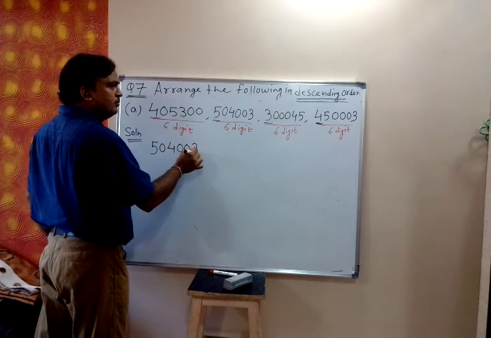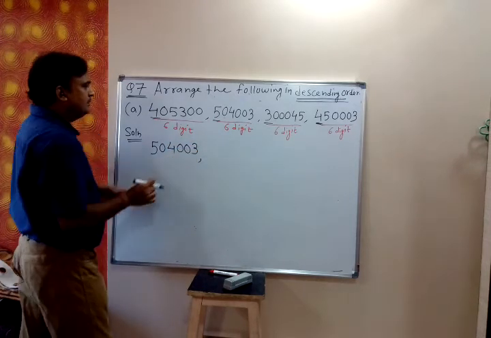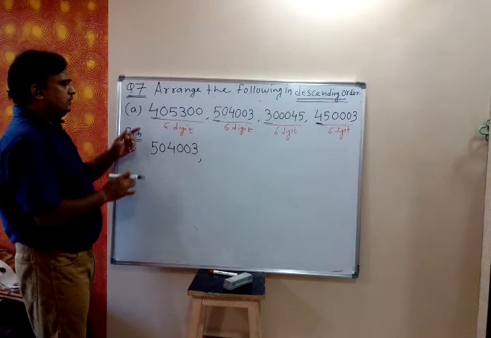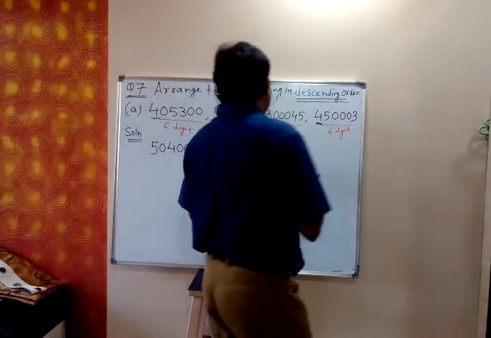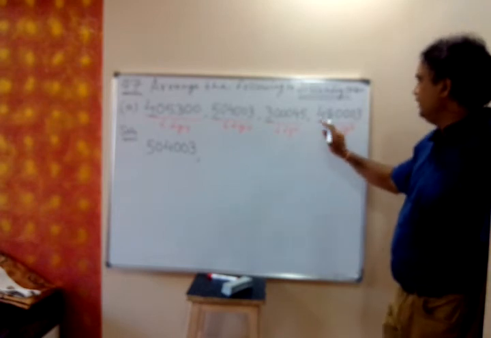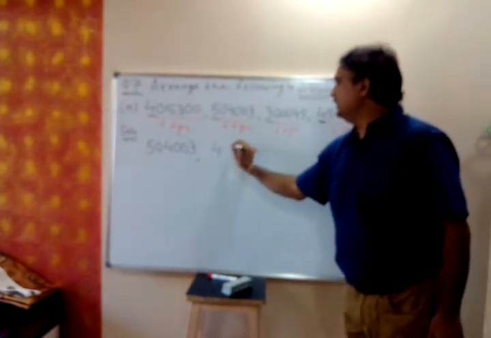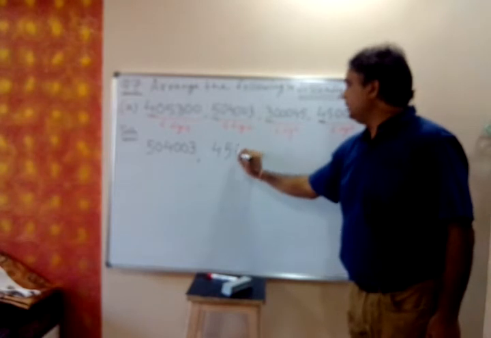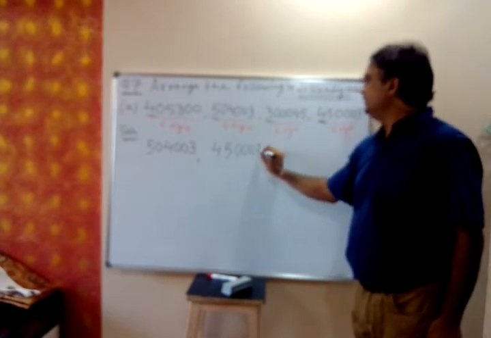So we write 504003. Then after this number, after this 4, comes 45003.